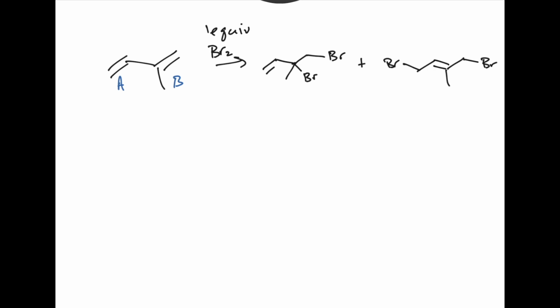And again, since I'm not making two chiral centers for the 1,2 product, I don't need to worry about stereochemistry. And I never have you worry about stereochemistry in the 1,4 product, and I'll show you why here in a sec.